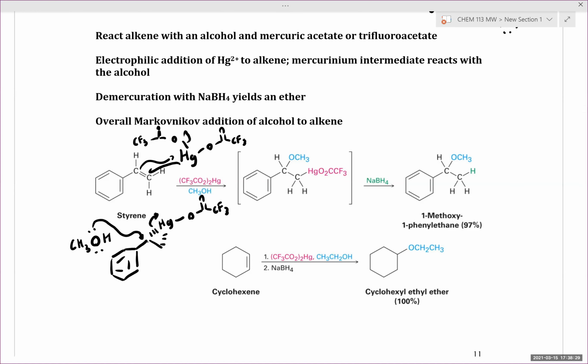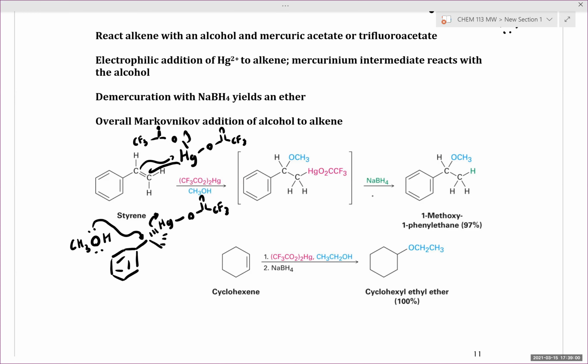So it's even more favored when thinking about Markovnikov regio selectivity, because it's very easy for us to stabilize a cationic charge at this benzylic position. That in turn gives us the following ether and a carbon-mercury bond, which is reduced off upon treatment with sodium borohydride. So mercury trifluoroacetate is just a more activated equivalent of mercury 2+.